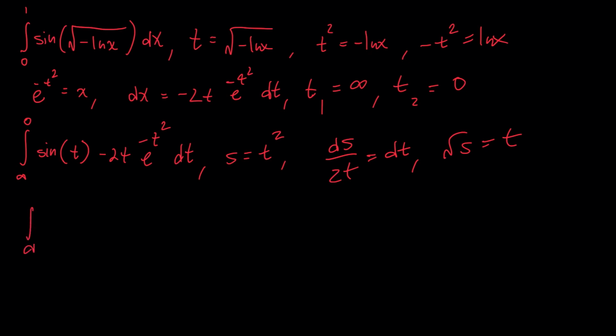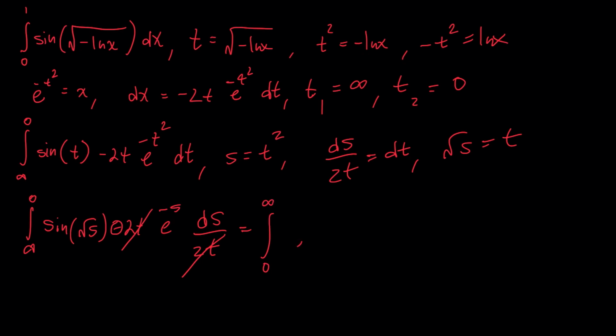So we're going to have the integral from infinity to 0 of the sine of the square root of s times negative 2t e to the negative s ds over 2t. And these two t's end up canceling, and we use this negative to flip the bounds of integration. So we're going to have the integral from 0 to infinity of e to the negative s times the sine of the square root of s ds.